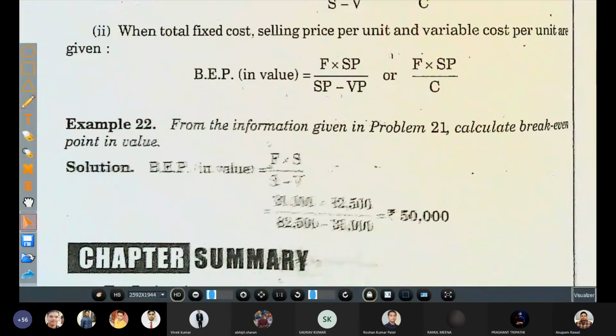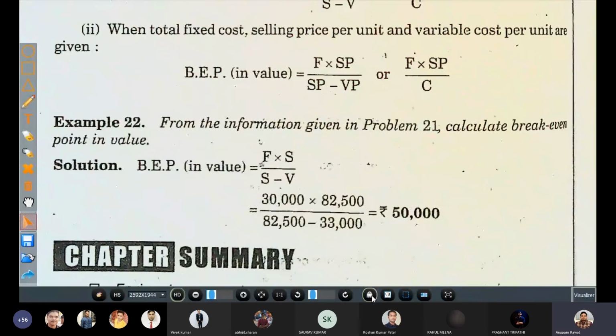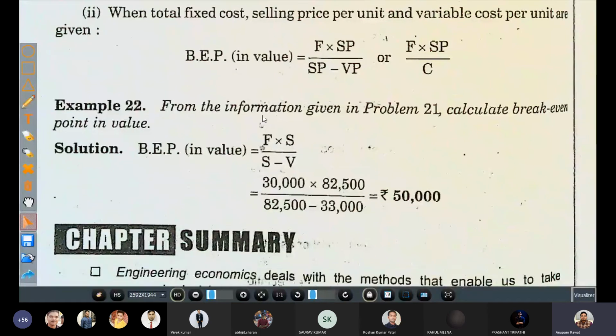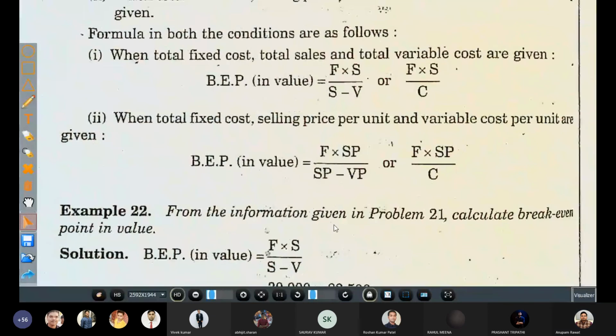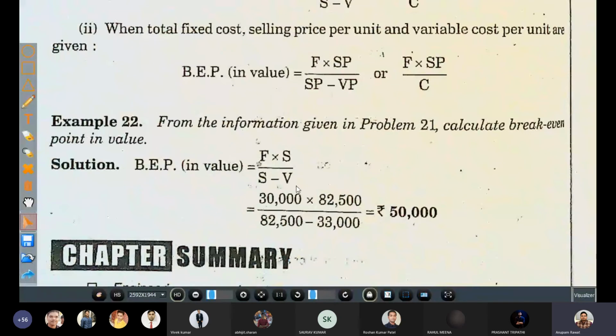Okay. So here, as per the previous example, the fixed cost is there, the selling price is there, total sales is there, and S minus variable cost is there. That is basically the contribution. So that is 50,000.